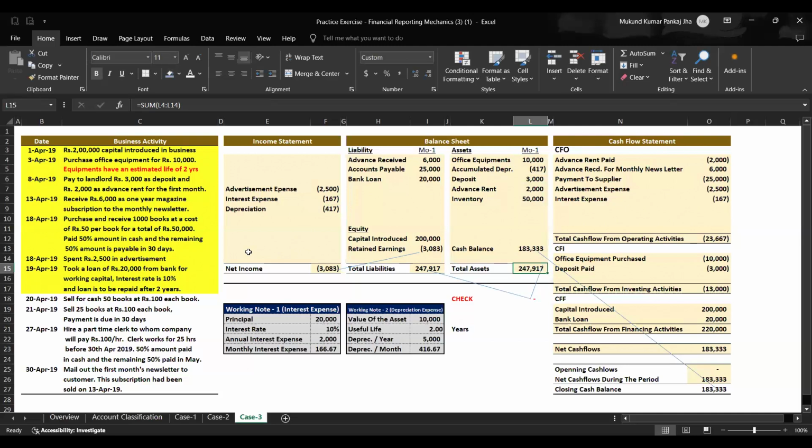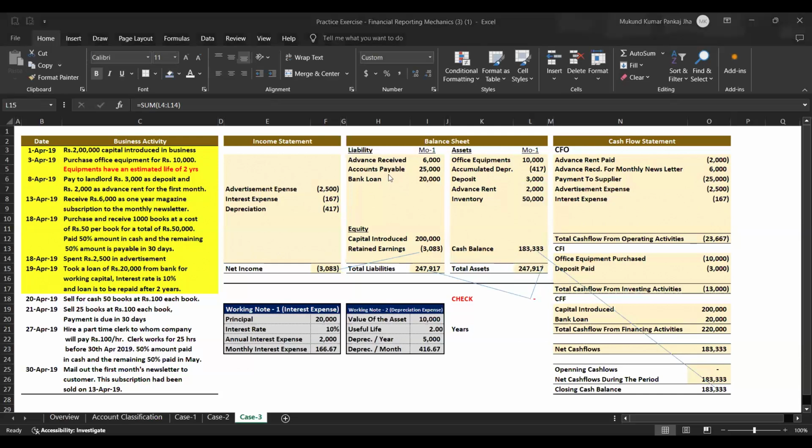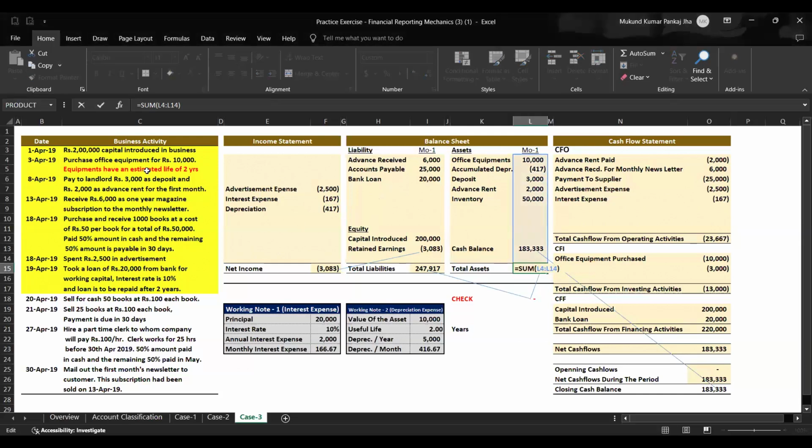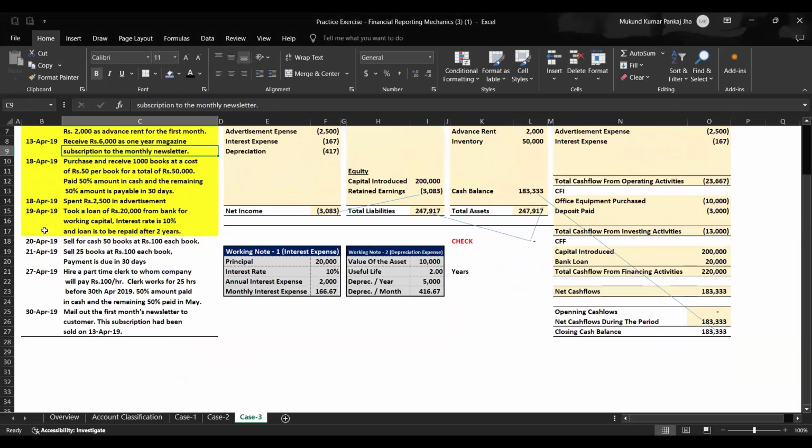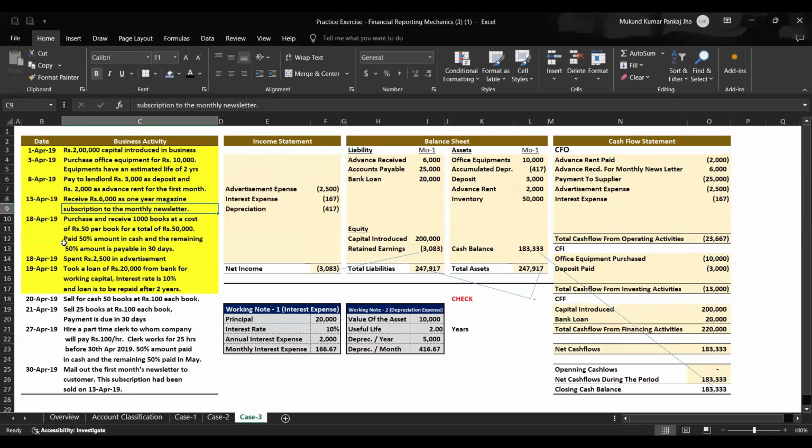Got this, guys? Got this one? Everyone? Everyone comfortable with this? Please let me know so that we can move forward. There are few entries remaining. Yes, it's accumulated depreciation. Okay.